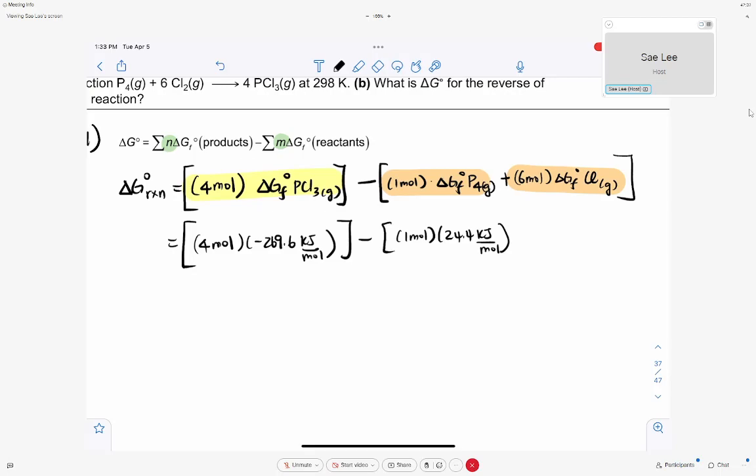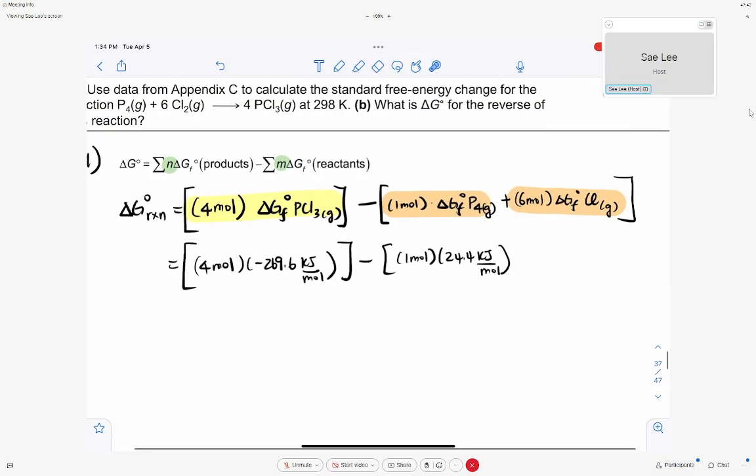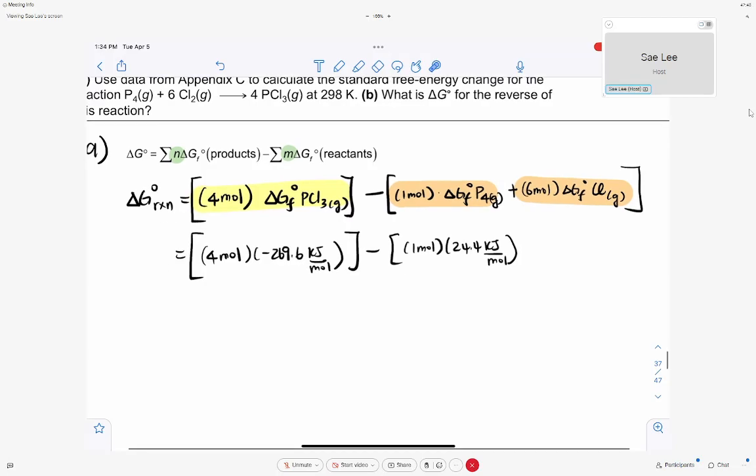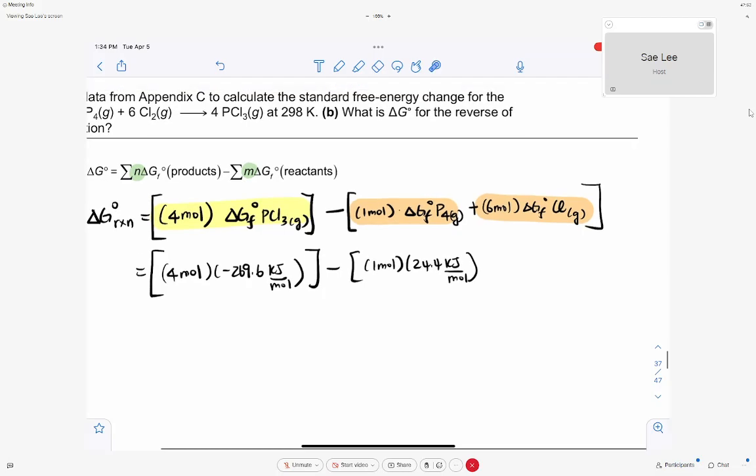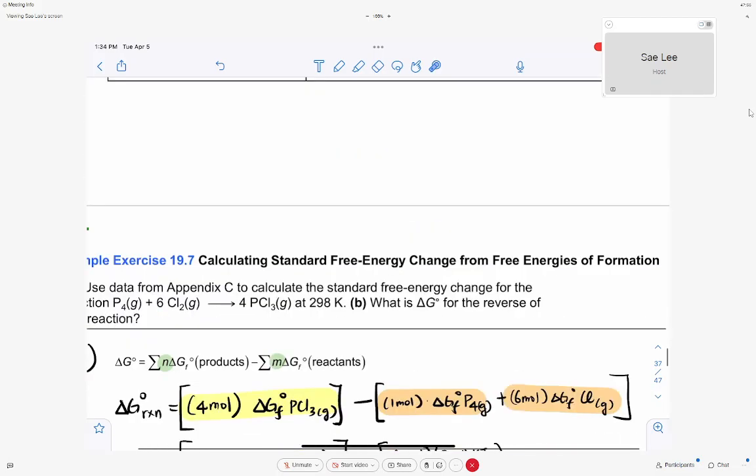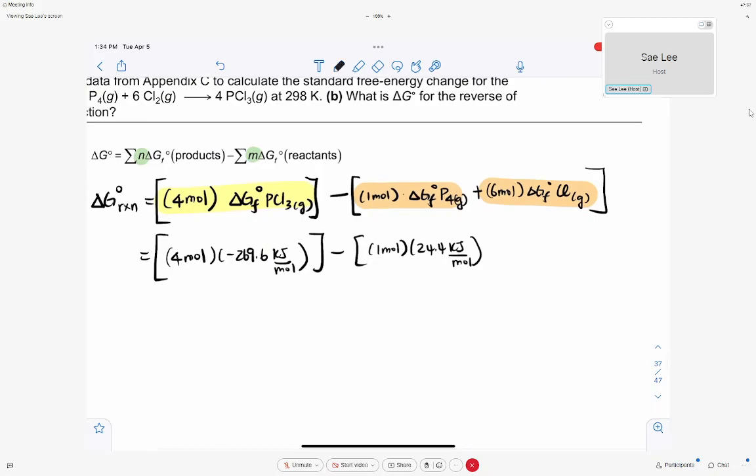And what's the value here for P4 gas state? That value is going to be 0.